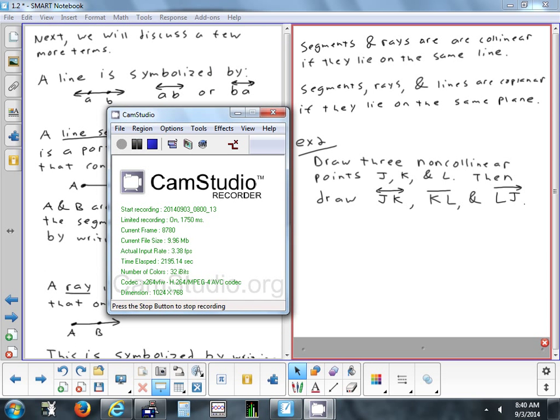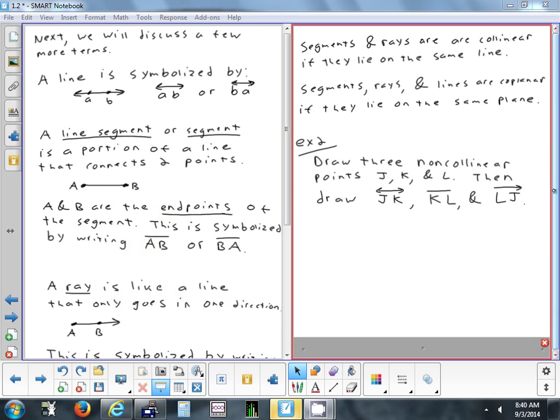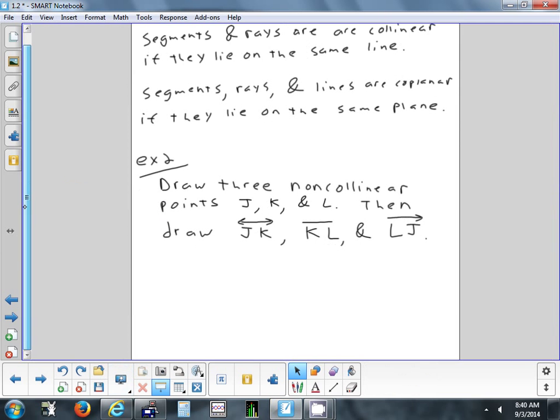Okay, so let's take a look at drawing those 3 points. Let's make that a little bigger. Right, anybody want to come up and try to draw 3 non-collinear points, J, K, and L? You want to try it? No?